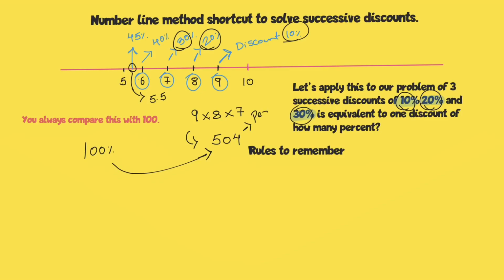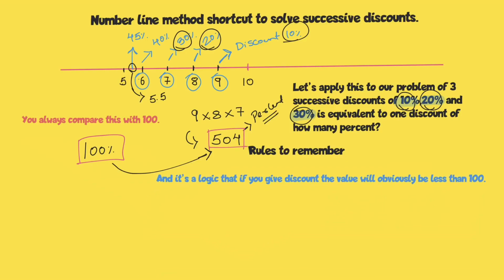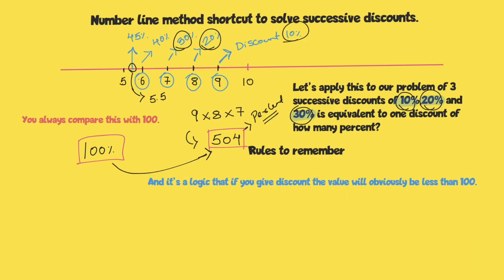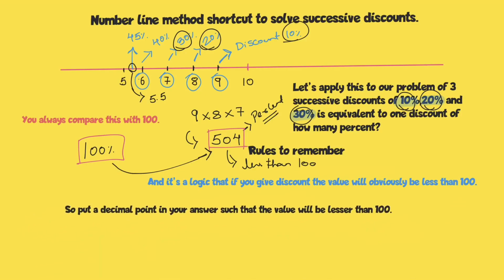What do we understand from this? This is again a percent. 100% has reduced to 504. So if you are giving a discount of 10, 20 and 30, it has to be a logic that if you give this discount, the value will obviously be lesser than 100. So if it was 100%, and it has reduced to 504, the 504 has to be less than 100 because 10, 20, 30, you are reducing it by 60.